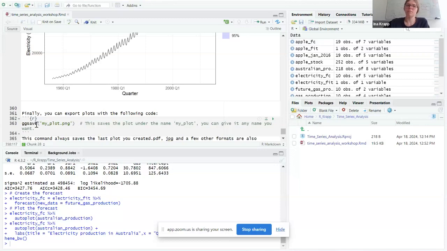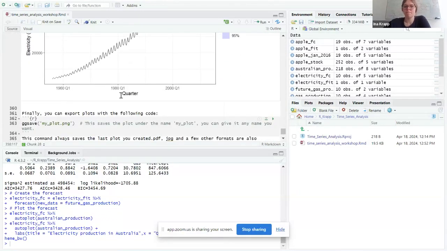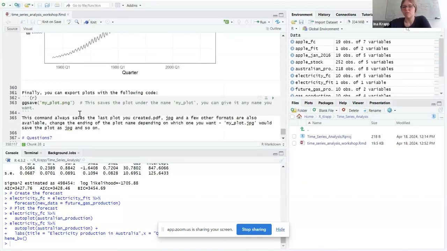To export the plot, we have the so-called ggsave command, which simply allows us to save the last plot that you depicted. So in this case, it will be this plot. And to save it as, for example, PNG, simply give it a name that ends with .png. You could also use it to create, for example, JPG or PDF or some other formats.